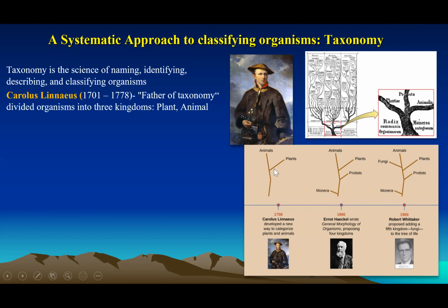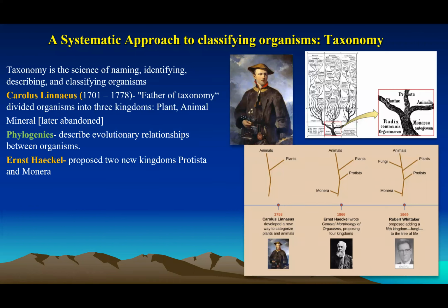So he developed a way to categorize. For him, at that time, before the discovery of the microscope, it was plants, animals, and like one more unknown kingdom here. And then in the 18th century, we have Ernest Haeckel. He proposed the two kingdoms of Protista and Monera. So that was added.